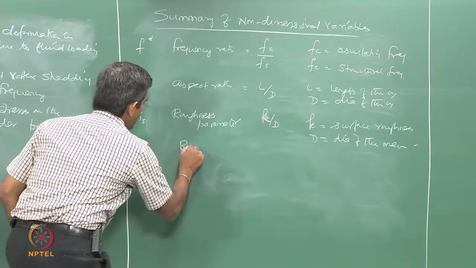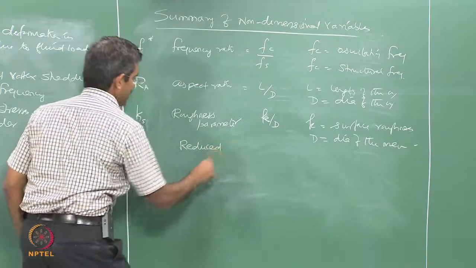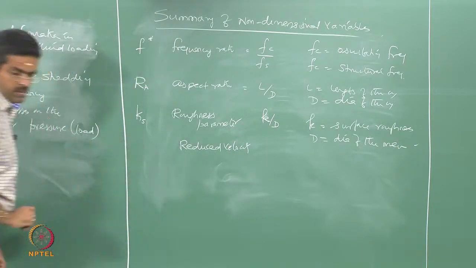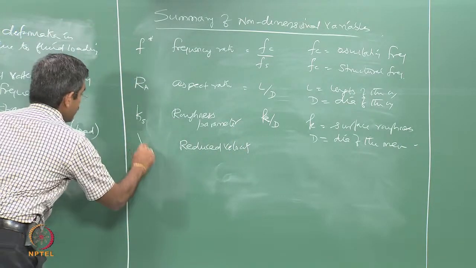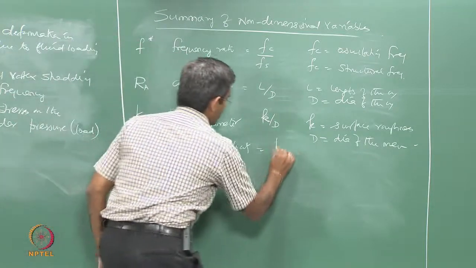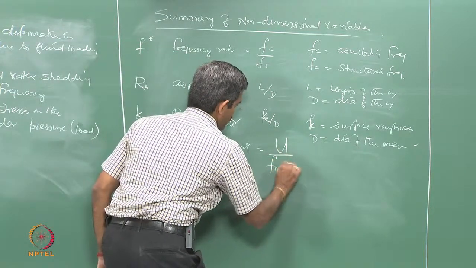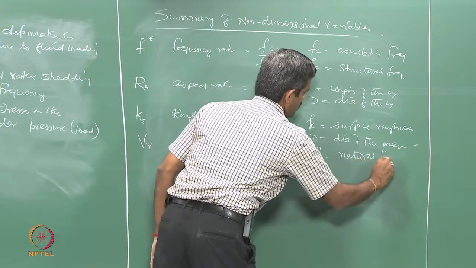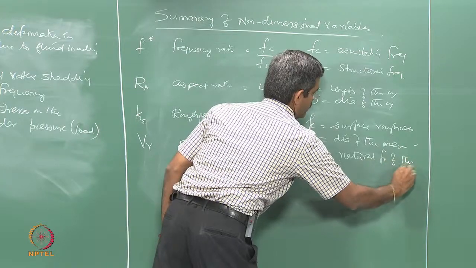Something called reduced velocity, which we talked about in the presentation recently, which we call as VR, which is given by U by Fn D, where Fn is the natural frequency of the structure.